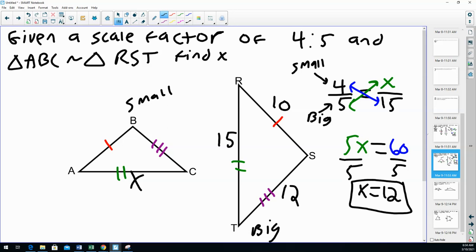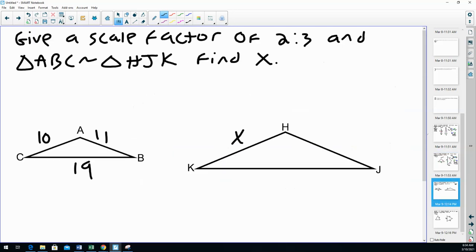Okay, there's going to be 2 for you to do on your own, so make sure you pause this, copy it down. And here is yours. There's number 1. Draw the triangle, okay?